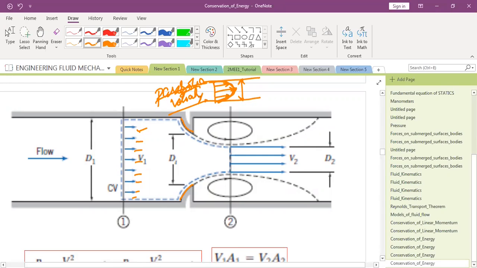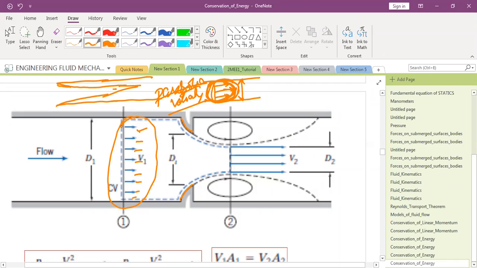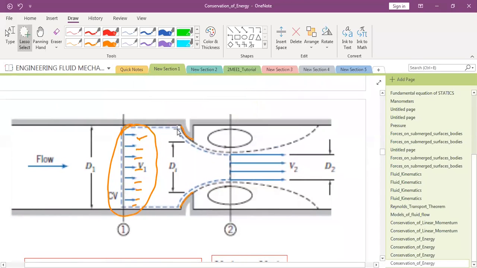This is one case, but in some cases the boundary layer may be like this. It is very thin, but it will finally become like this. So you need to consider this parabolic velocity field always. So this kind of thing is not valid, but for simplicity they have shown it with the same magnitude.